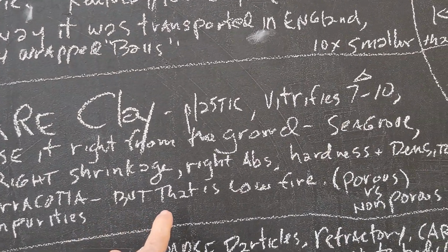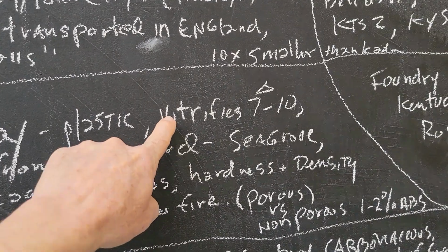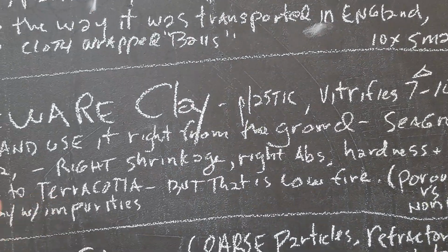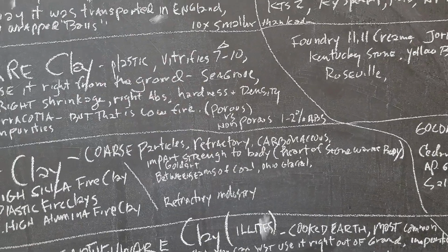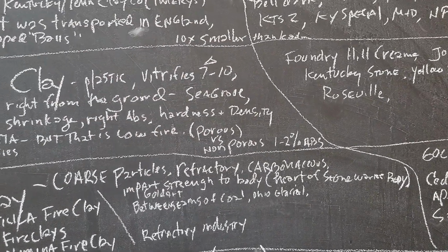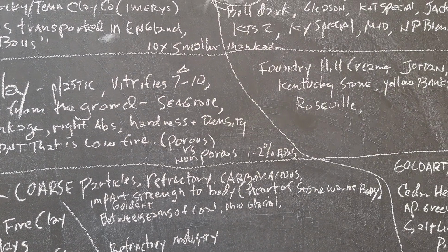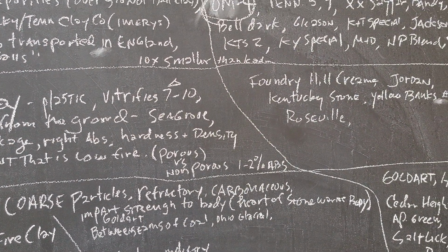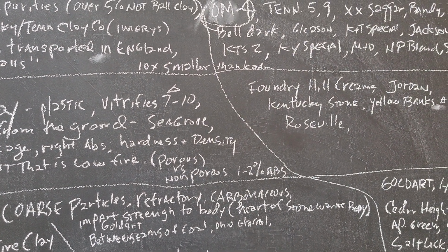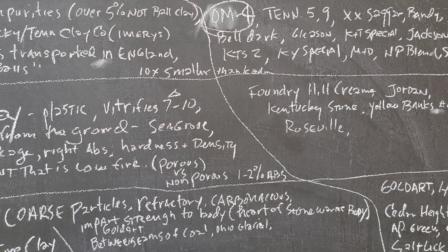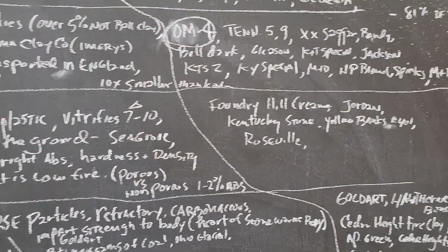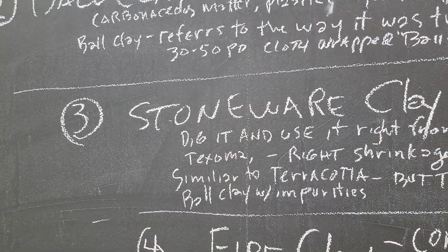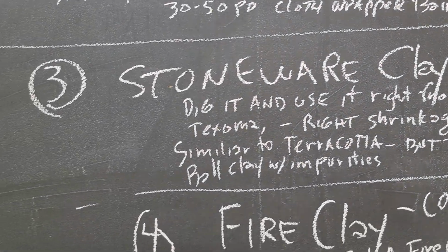They differentiate: this is non-porous stoneware clay, and terracotta is porous. Stoneware clay would have a 1 to 2% absorption. I'll talk about that a little more, and show you how to dig some clay and process it and make some shrinkage and absorption bars. Okay, some people call this ball clay with impurities.